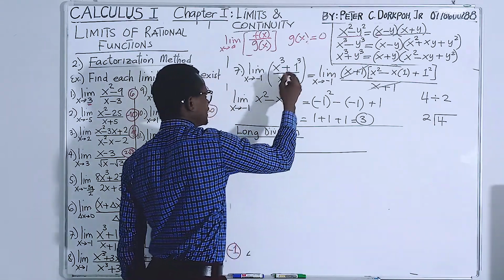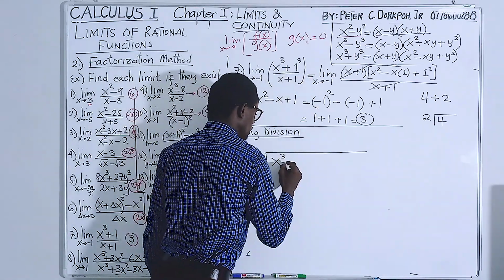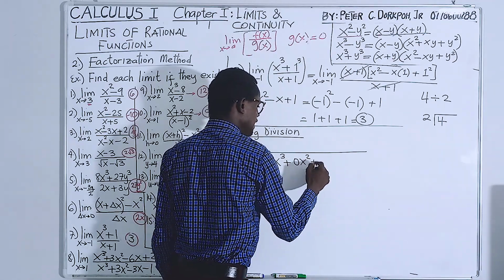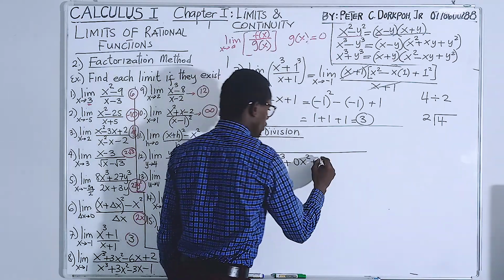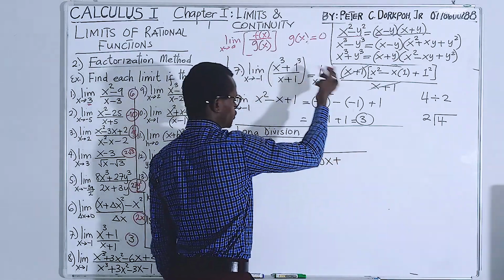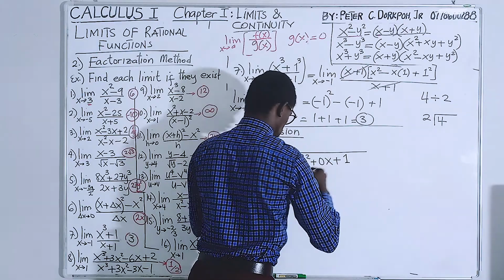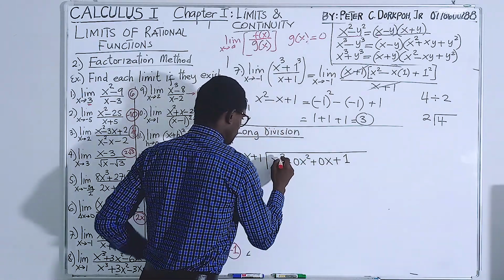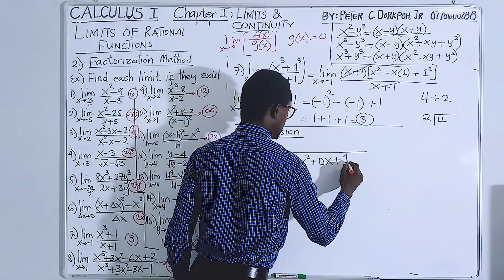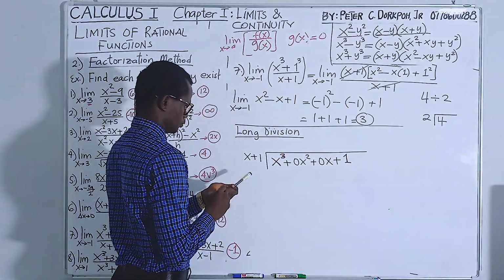But after this x cubed, the next term should be x squared, so we put 0x squared. The next term should be x, but because it is not there, we replace it with 0x, plus the next term, which is a number, just 1. So the first term here is x cubed, and the last term is 1.